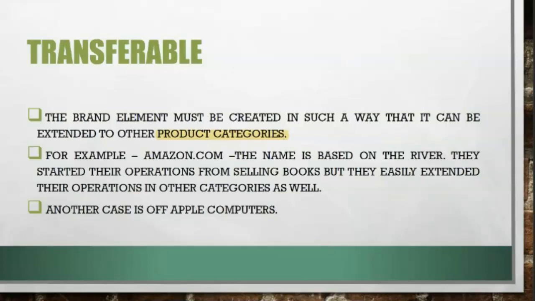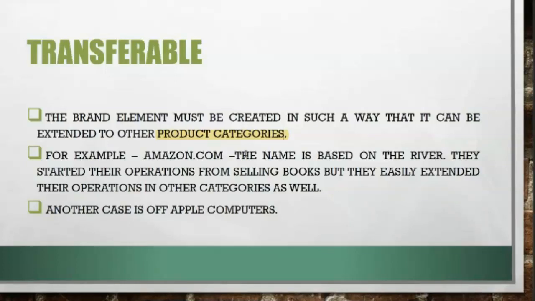For example, Amazon is a river name, right? It is a long river, so it can be anything. It can sell books, it can extend to other categories also, it can sell anything. So there is no foundation. And this is the only reason why Apple, once they started their business, their name was Apple Computers. Later on, they removed computers from their name and it became Apple Incorporation.